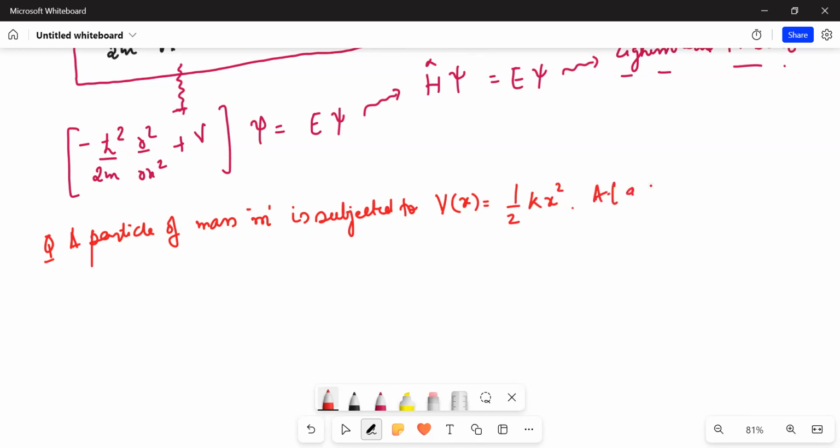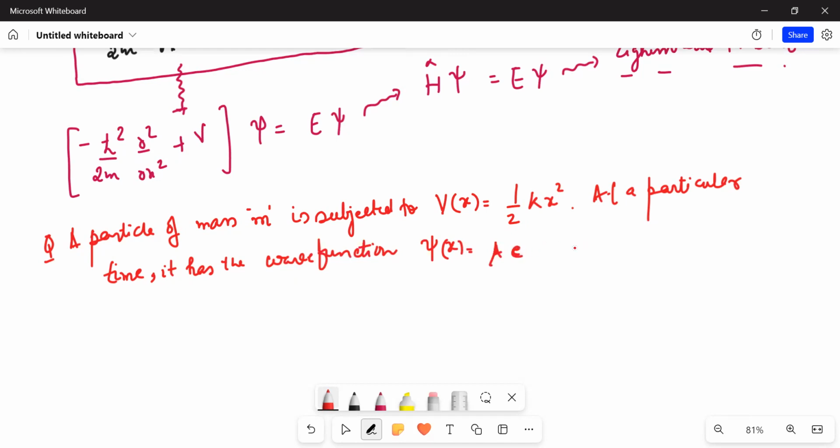At a particular time, it has the wave function psi of x equals A e raised to the power of x, e raised to the power of minus x² upon a².